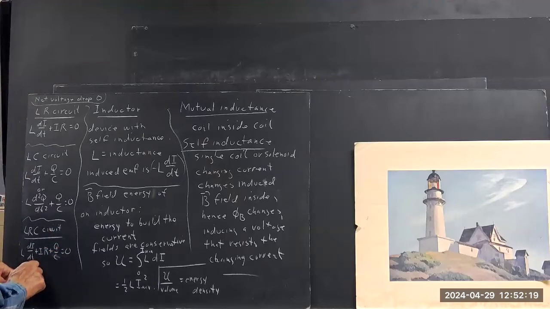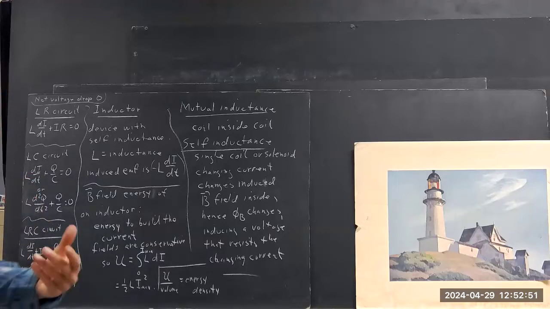So you have L Q double prime plus R Q prime plus Q over C equals 0. And this time, you really do want to plug in Q equals Ae to the rt and just do what you do with a second order linear differential equation. And that should be very familiar.